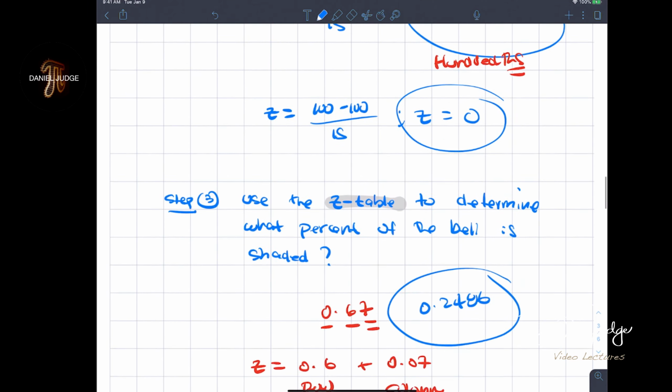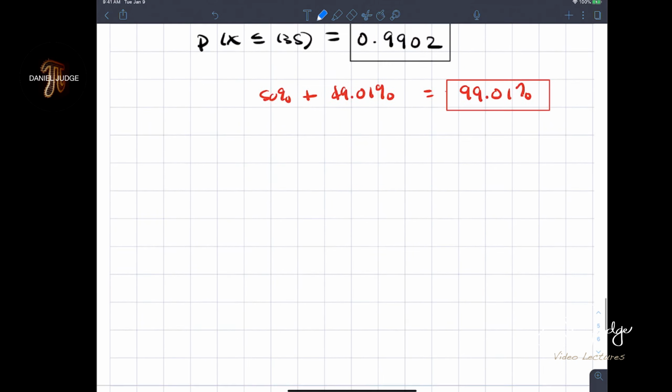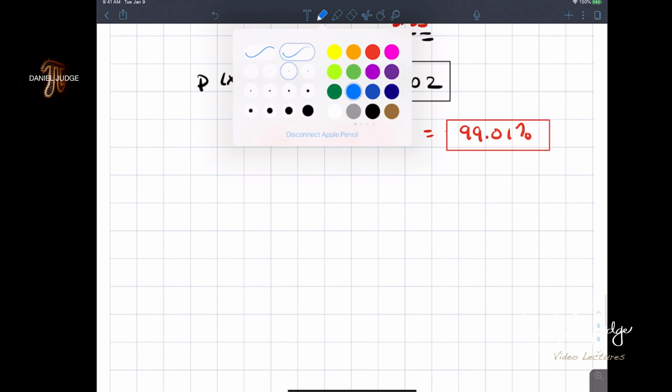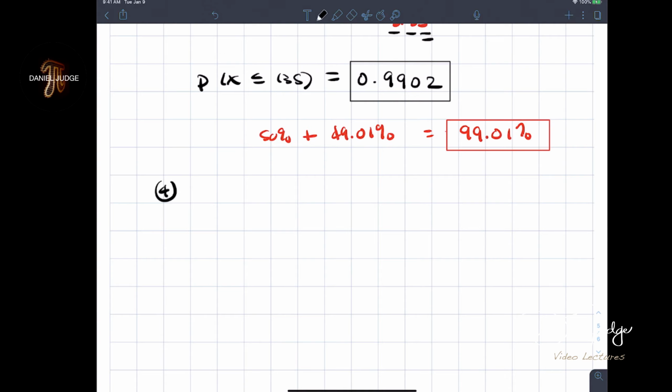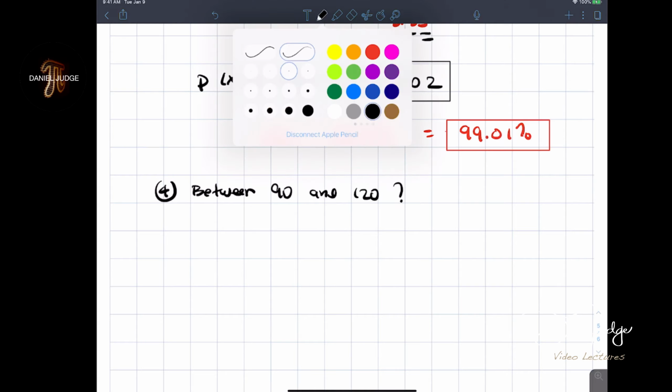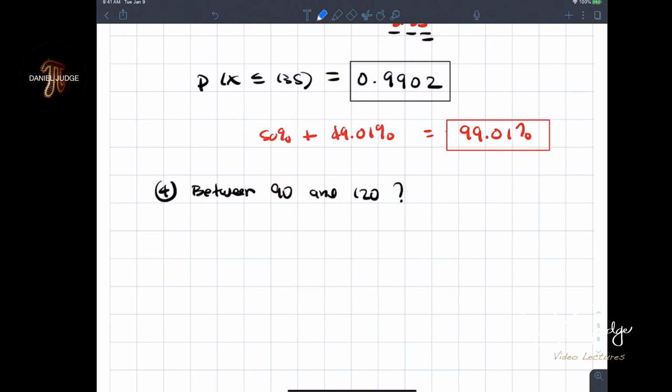Between 90 and 120, draw a picture of the question. The mean is 100 again. We just have to locate, right? This is a normal distribution.